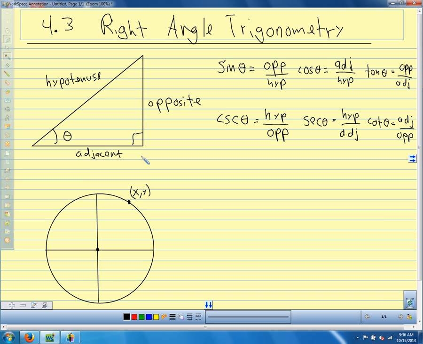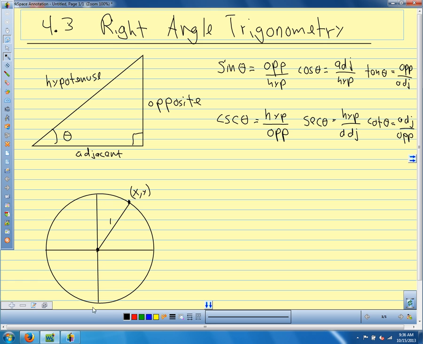So we want to make a connection here. How are these two related? What's special, what's important about the unit circle? Radius is 1, so let me draw the radius in here. We know that is 1 unit.